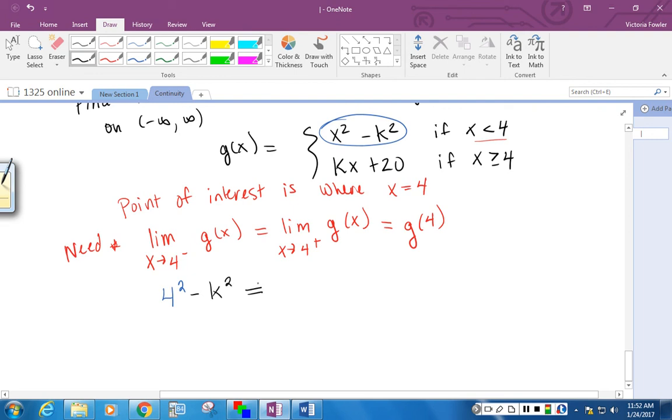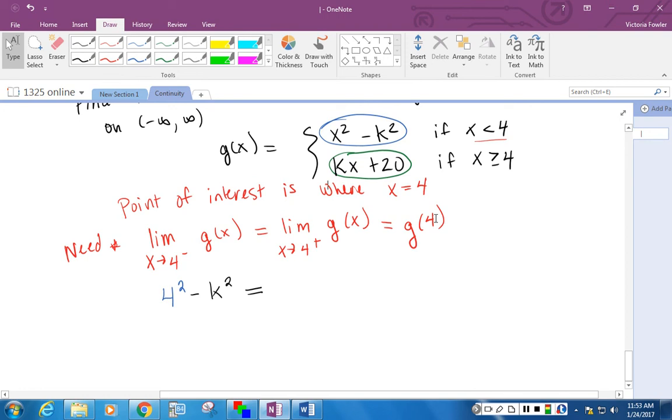And I'm stating that it has to equal whatever my function value would be using the appropriate part when I approach from the right. So that means I'm looking at this second chunk here, the limit from the right. That would mean I work with kx plus 20, but again, I need to evaluate and make it equivalent to whatever it would be when I let x be 4.